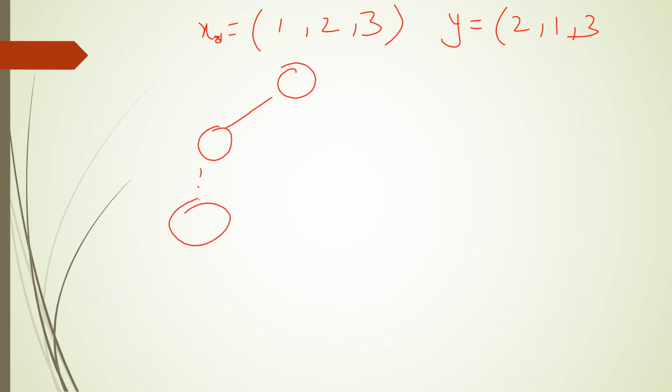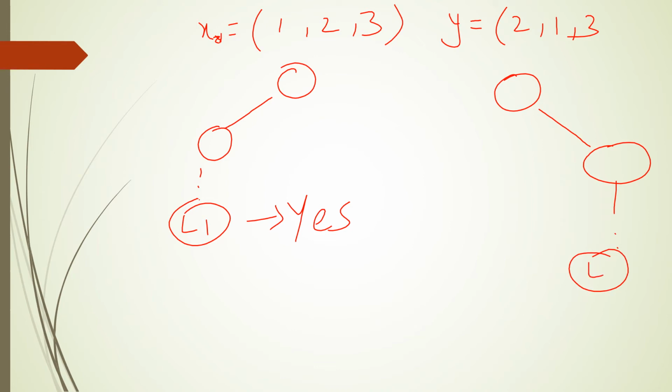For example, let's say x is equal to 1 2 3, and y is equal to 2 1 3. This one will take a different leaf node to arrive at the solution, and this y will take another different node, L2, to find yes again, correct?